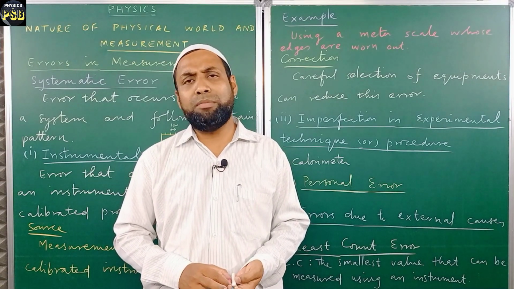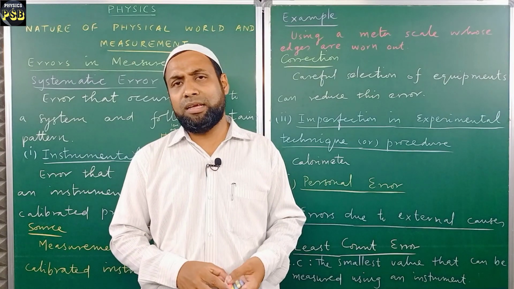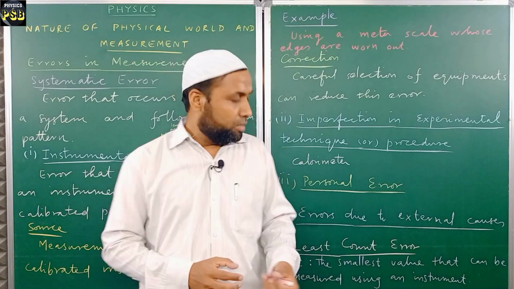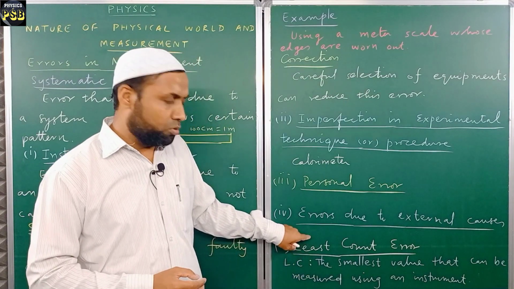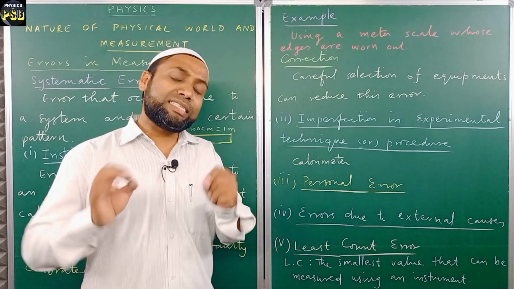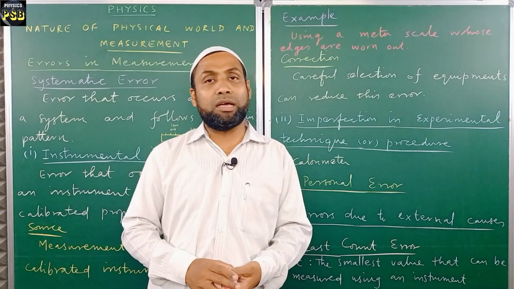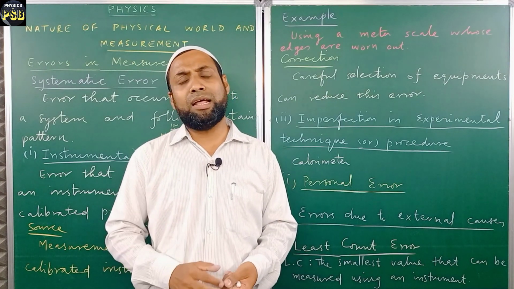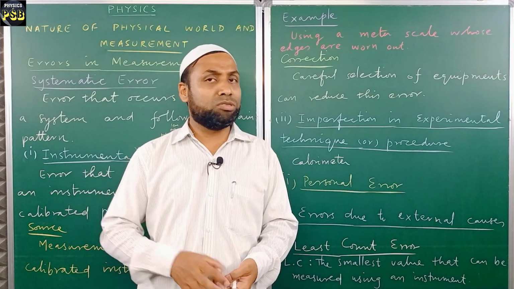Compared to 1 millimeter, it is really a better value. So the error that occurs due to the least count of an instrument is referred to as least count error. This can be avoided by using an instrument whose precision is better than the instrument which was used earlier.